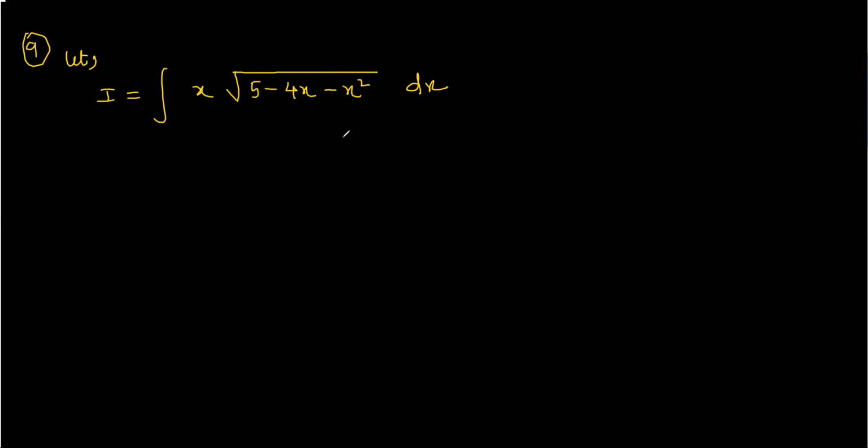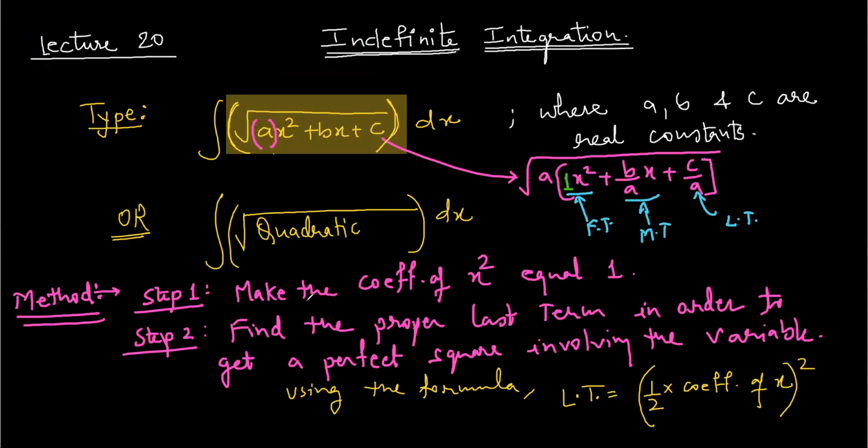That is okay. If you remember when I had done that, step 1, make the coefficient of x square positive 1. Okay, we had done this. But remember, you do so when you have root quadratic. You don't do it when you have linear into root quadratic.